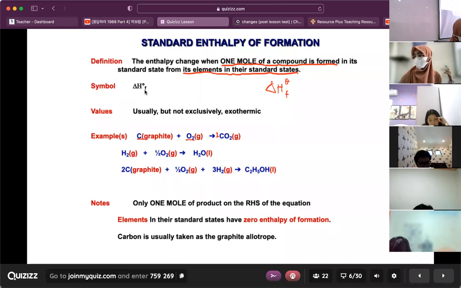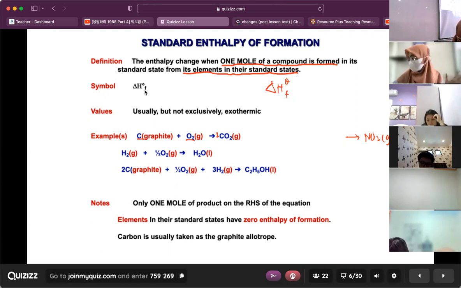Let's say you have carbon, oxygen. Okay, so the enthalpy change of formation of nitrogen dioxide. The standard state of nitrogen dioxide is gaseous, right? So if you want to write down the reaction of enthalpy change of formation of nitrogen dioxide, you have to know the elements of nitrogen dioxide.